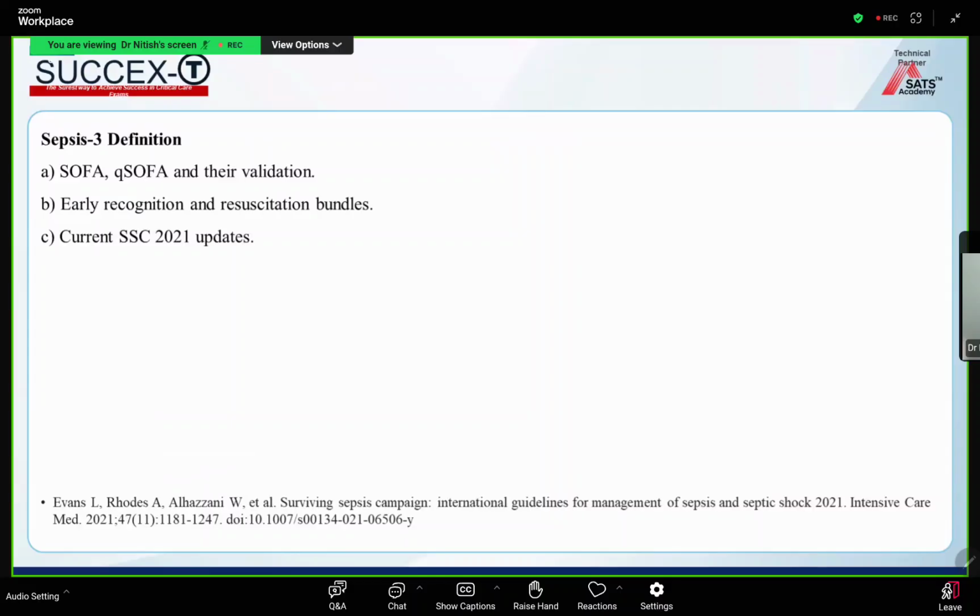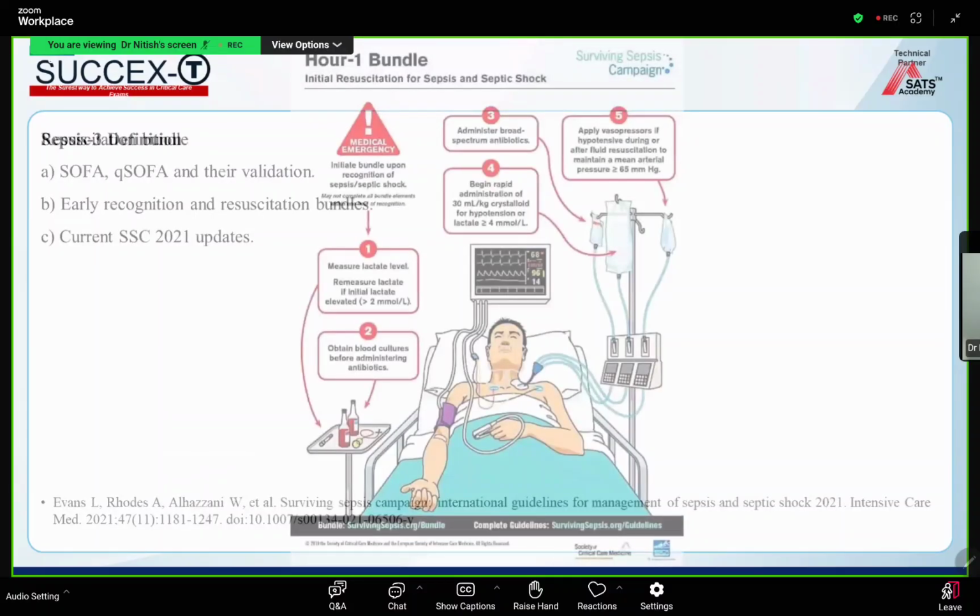Moving on, this is the resuscitation bundle. The bundle from 2016 to 2021 has been reduced to the first one hour. As soon as we know a patient has sepsis or septic shock, the first thing we do is measure the lactate, and if it is higher, we remeasure it after 4 hours.